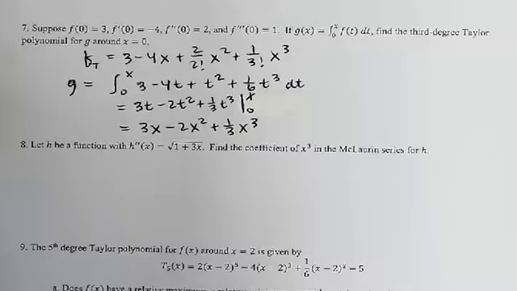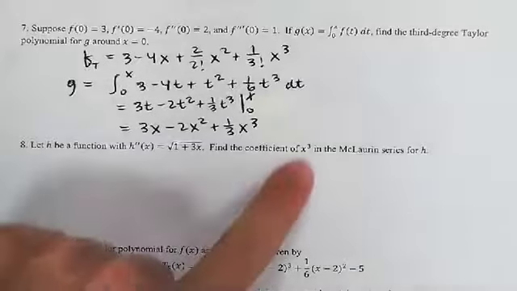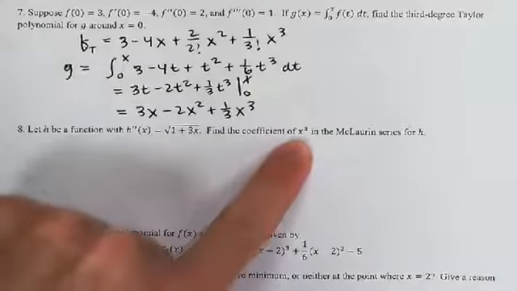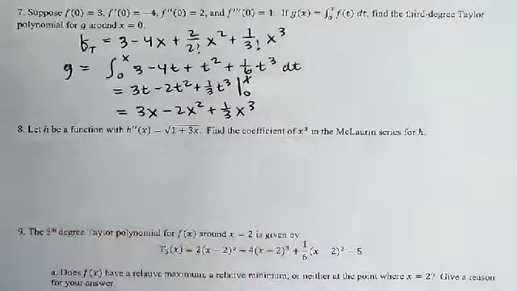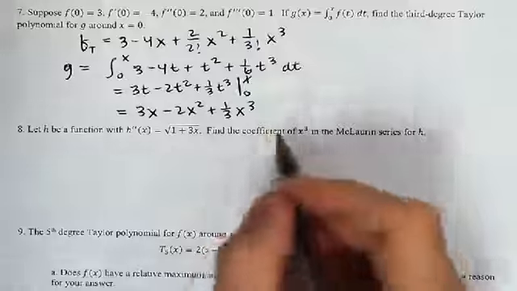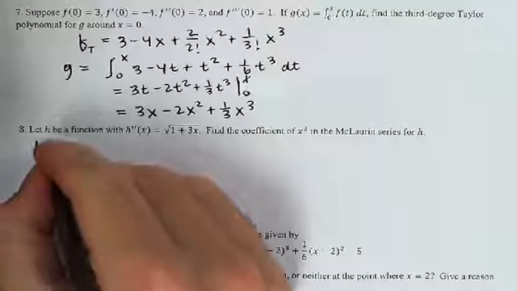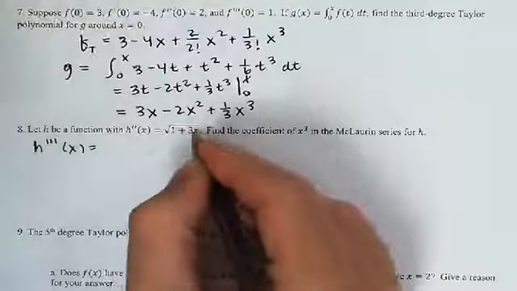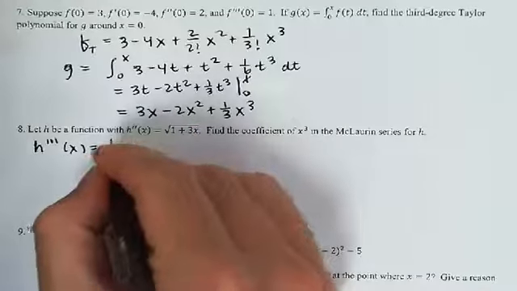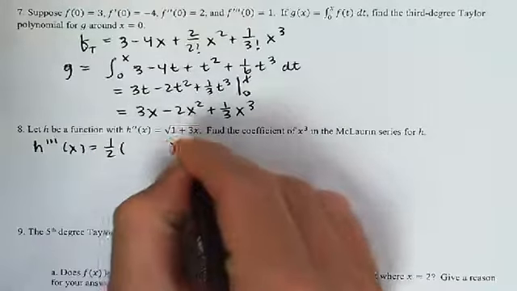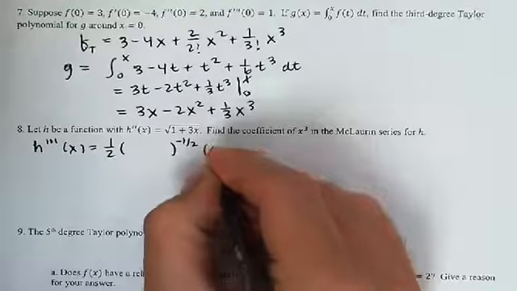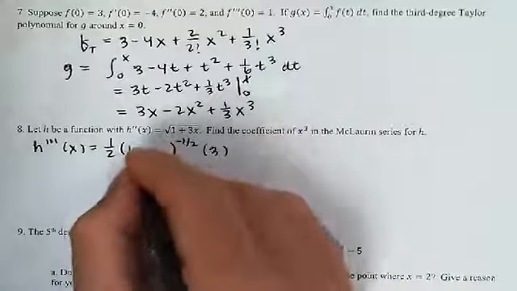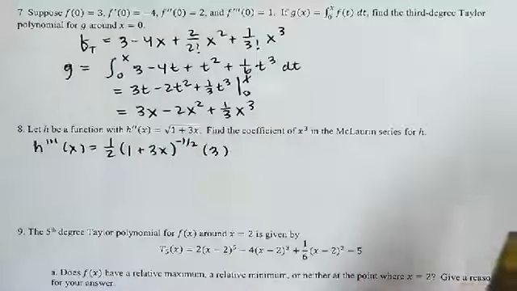Okay. Well, the next one, if I'm going to need the coefficient of x to the third, I need the third derivative. So I'm going to say that the third derivative of h is going to be, I'm going to think of this as 1 plus 3x to the 1/2 power, 1/2 times thing to the negative 1/2, times the derivative of the inside. Let me just copy the original chain rule.